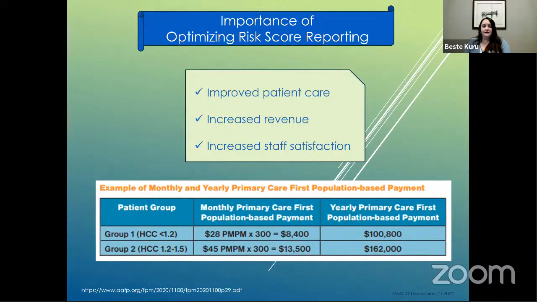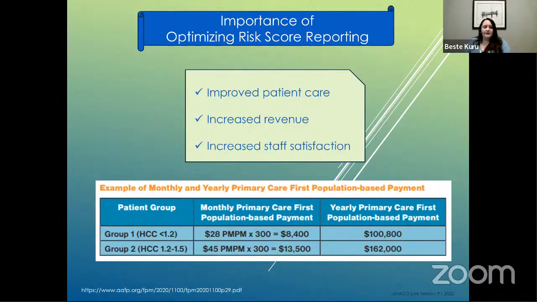And finally, I want to talk about just highlighting the importance of risk score reporting optimization. It does mean we are trying to improve the patient care, and it returns increased revenues and also increased staff satisfaction. This was again taken from an AFP white paper on this subject. The first group here, Kemal, is a group of patients in primary care with HCC lower than 1.2.